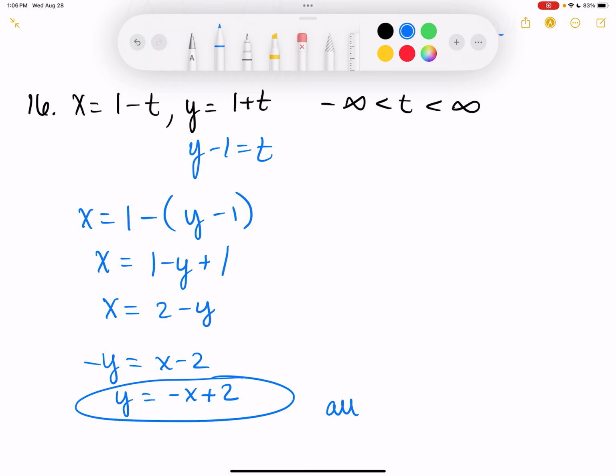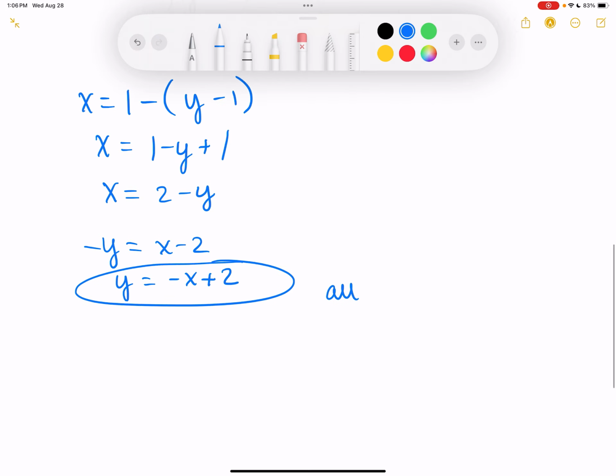One more, 20. X equals t squared, y equals square root of 4 minus t squared, and 0 is less than or equal to t less than or equal to 2.